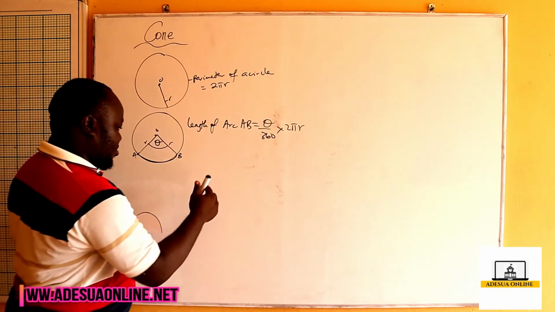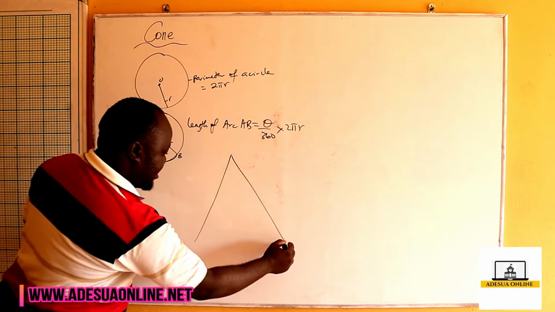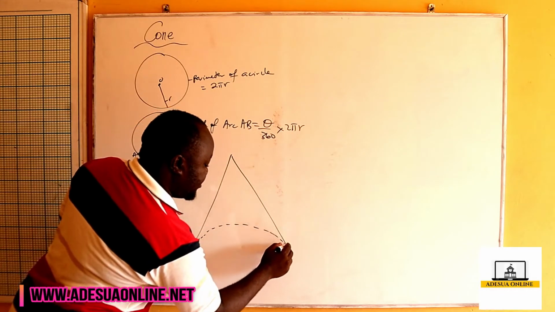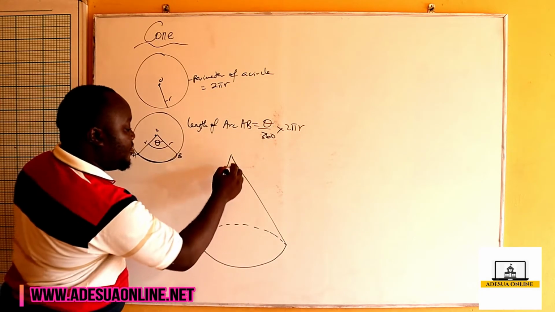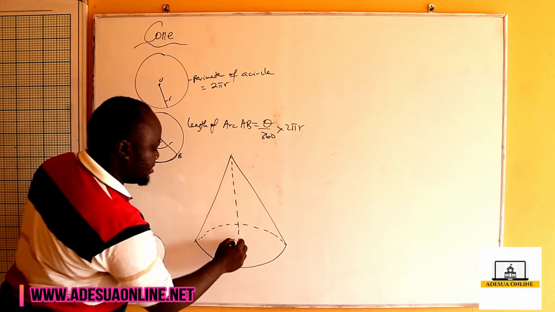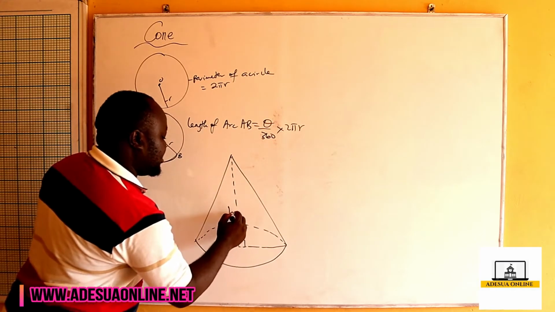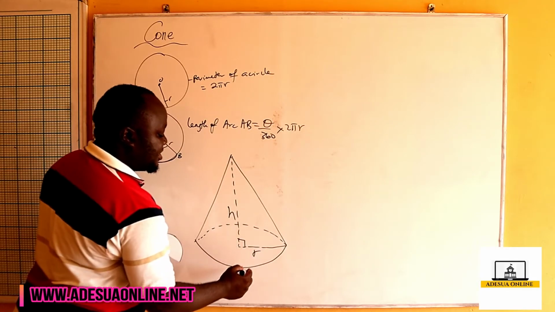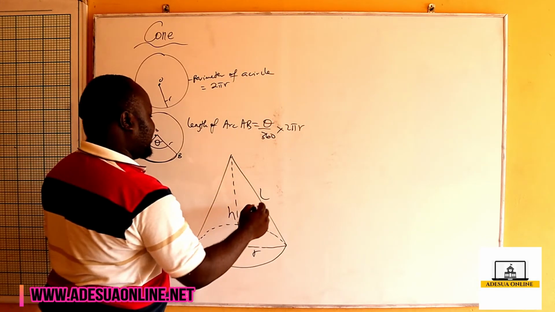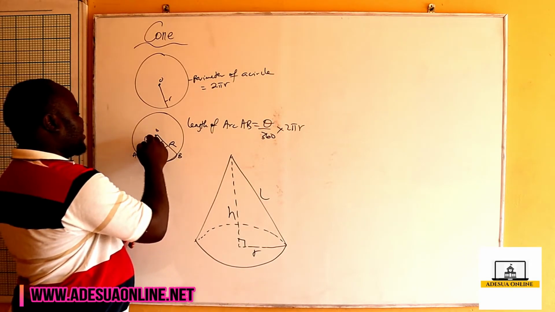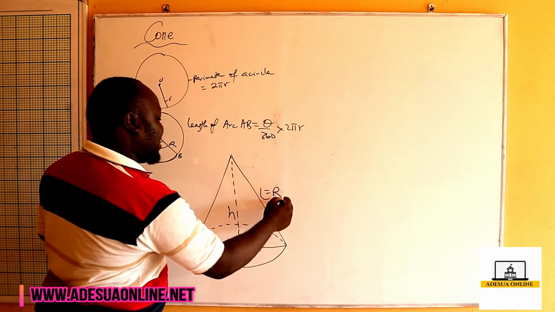Now, assuming this is the cone formed, with height, this is the height h of the cone, the base radius r, and this is the slant height L. Let me name this capital R, my slant height.